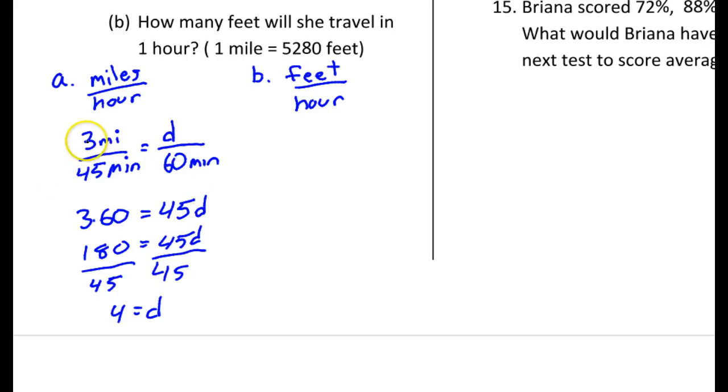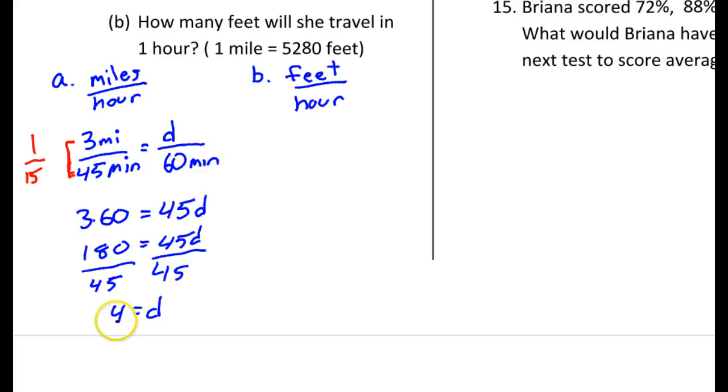Another way is to find out the unit rate. If we took our scale here, 3 miles in 45 minutes, and reduced it, you can see we can do 1 mile in 15 minutes just by dividing top and bottom by 3, and then multiply that by 4, and you'll see get the same answer.